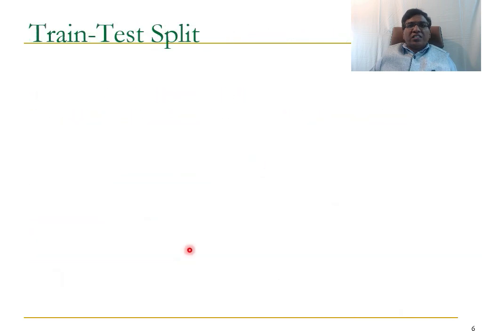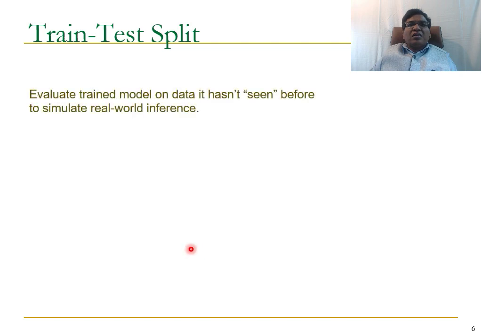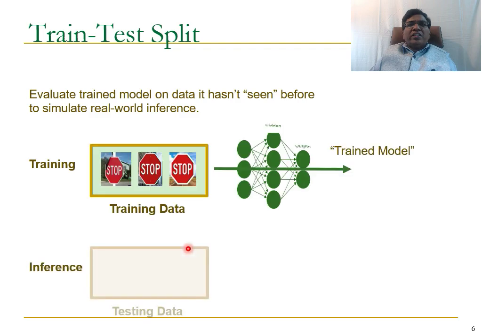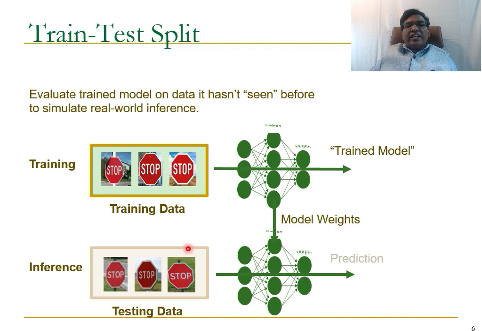Train and test split. This example shows how training data is used to get a trained model in the training phase. This is the training phase.